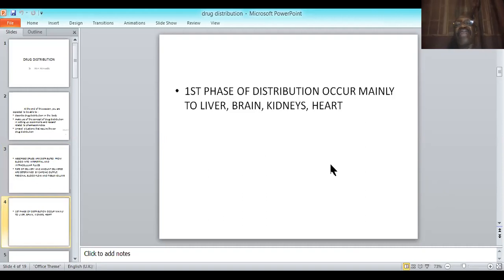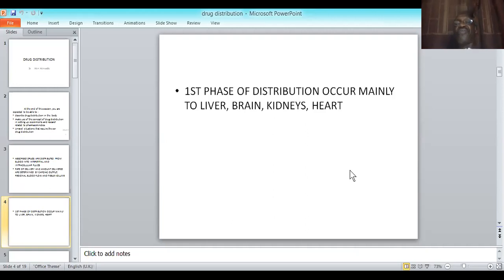We can clearly identify a first phase of distribution of any drug as the blood flows out of the heart. That first phase occurs within a few seconds as the drug leaves the heart through, of course, the aorta.